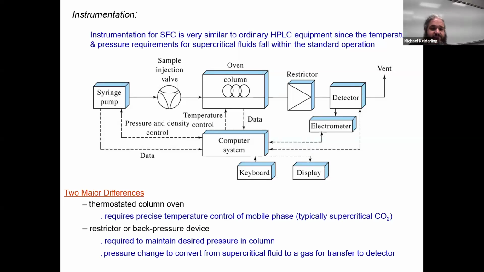The two major differences are a thermostated column oven, because you require precise temperature control of the mobile phase, which is typically supercritical CO2, and a restrictor or some sort of back pressure device that's required to maintain the desired pressure in the column, because it needs to be at high pressure. You want a change in pressure to convert from supercritical fluid to gas to transfer it to the detector, because detection is much easier when it's a gas. But it's fairly similar to high performance liquid chromatography.